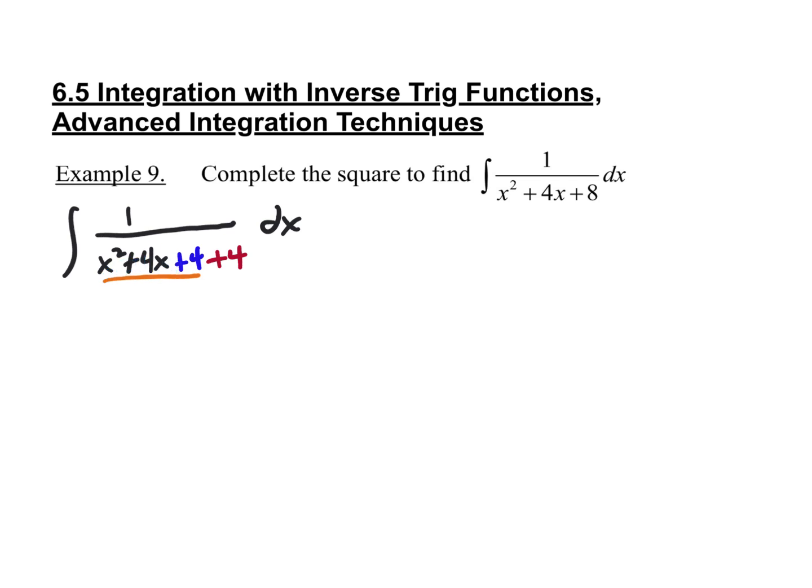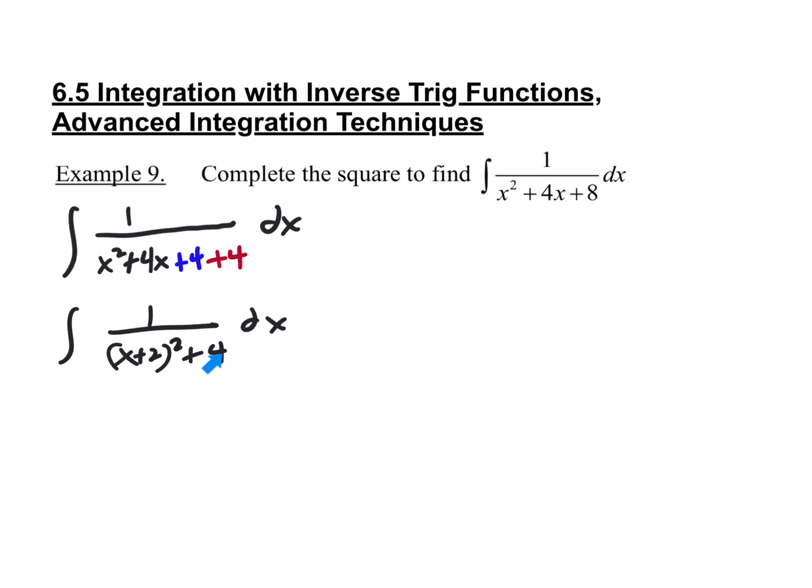And I wrote it out like this. You could rearrange it and put the 4 in the front, but I think we know which one is a and which one is u, I hope. Okay, which one is a? What is a? 2, right? This is a squared, so a is 2.